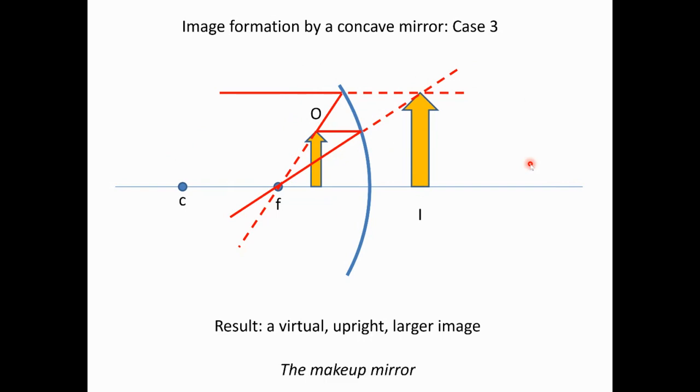This is the case of the makeup mirror. You guys have makeup mirrors? For those who wear makeup. So here, this is just a regular mirror, and then there's one on the other side, and you get a magnified view of yourself. Well, this is how it works. You put your eye here as the object, and you look, and what you see is your eye over here behind the mirror, but larger.